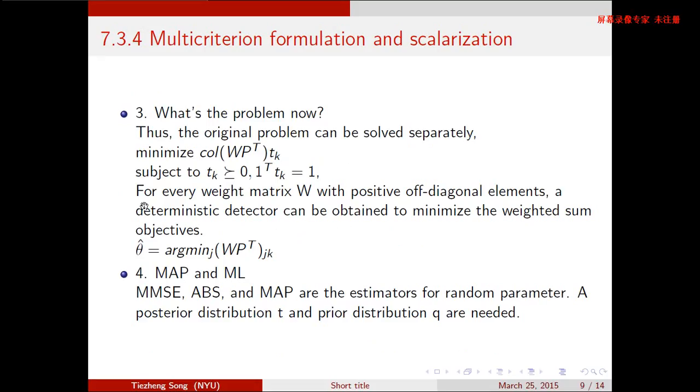So for every weight matrix W with positive off-diagonal elements, a deterministic detector can be obtained to minimize the weighted sum objectives. So at last we can get the estimator looks like this.